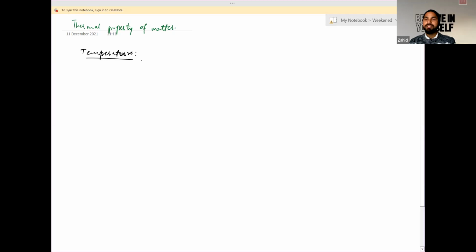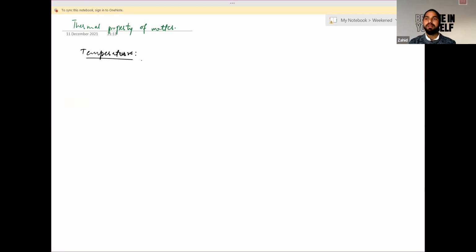Suppose we touch a particular object. Let's say this is a pen. If you touch it in summer, you feel nothing. But if you touch it in winter, you feel cold on touching it. It means if we touch a particular object, we define the temperature of that object with respect to ourselves.